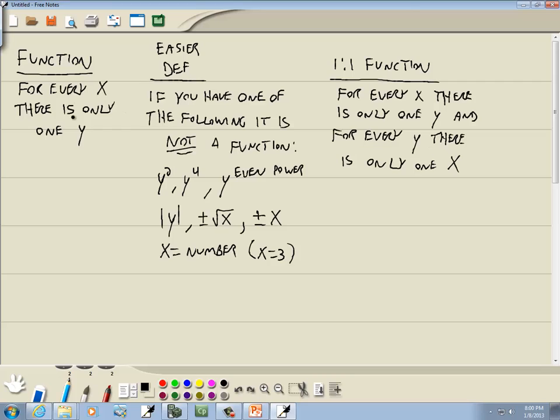Now that first part is the function part, and then the second part is the one-to-one part. Now this is the easier definition for a function. Let's talk about an easier definition for a one-to-one function.